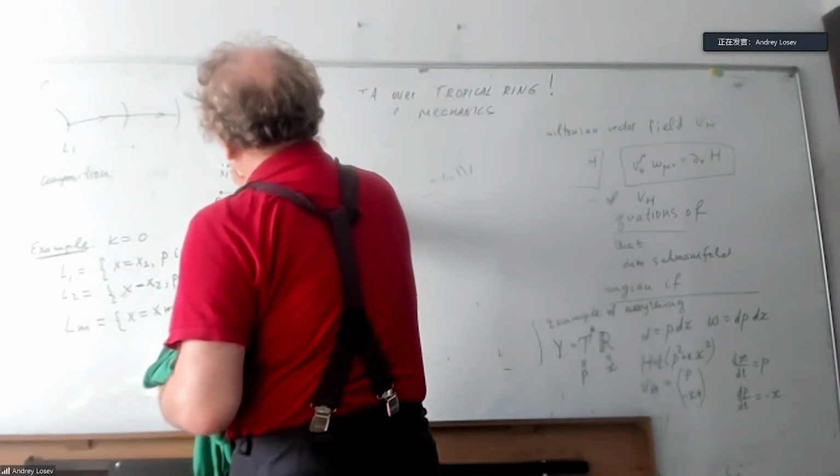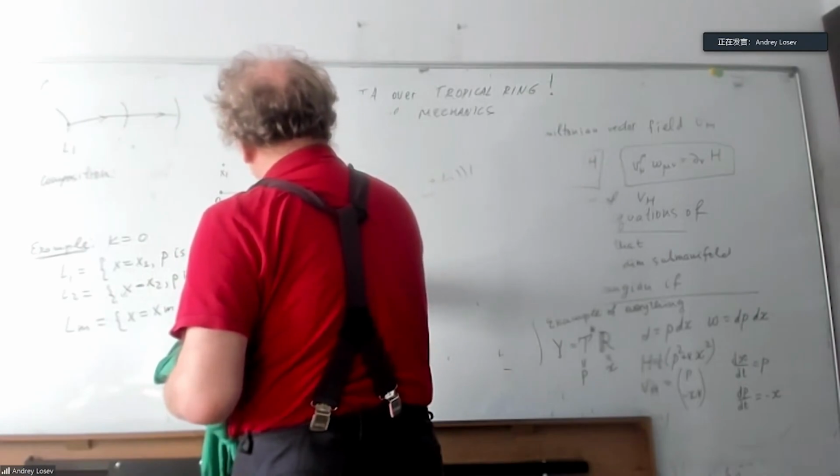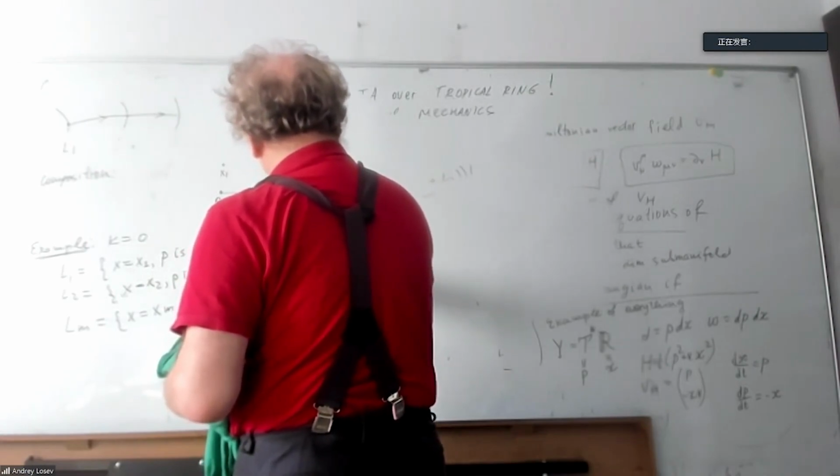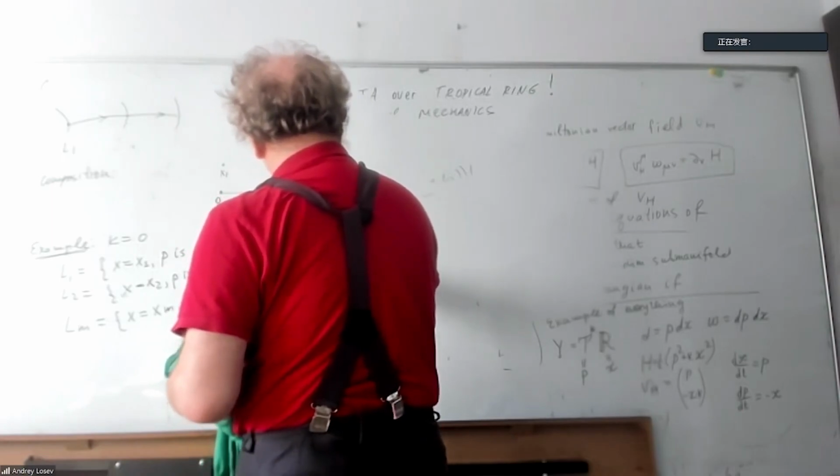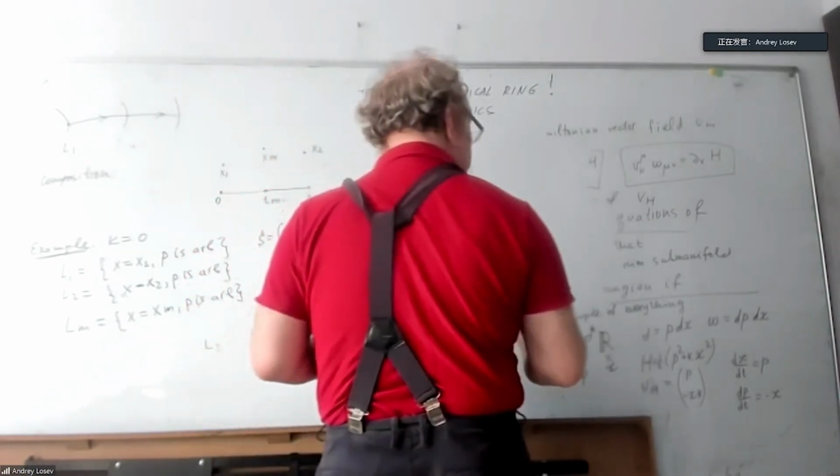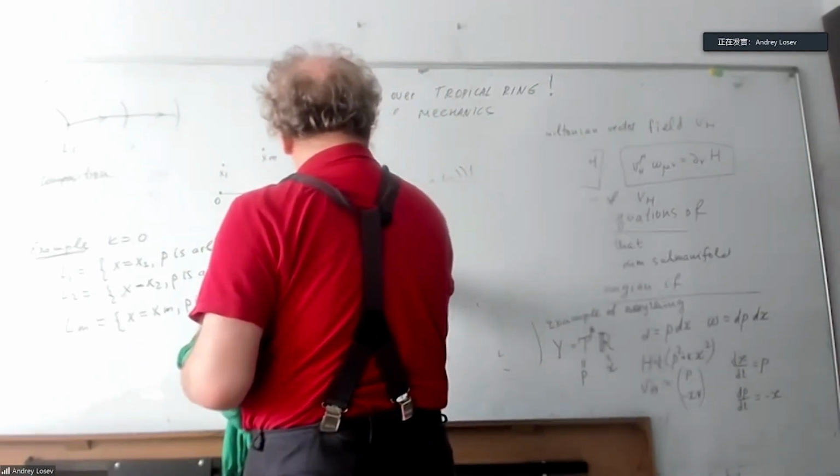If I fix x1, xm, oh, by the way, the action is p x dot plus p squared.